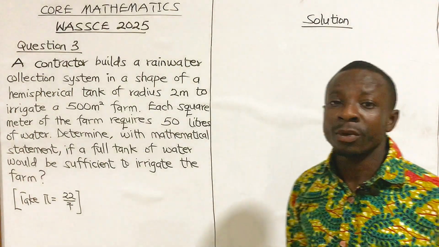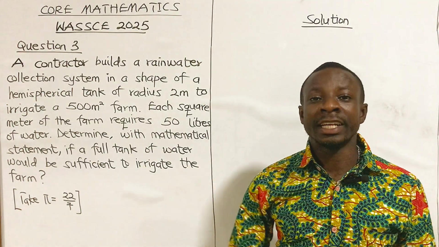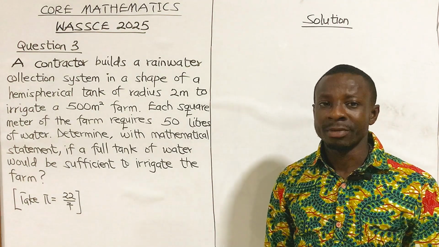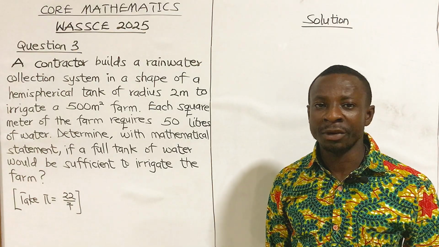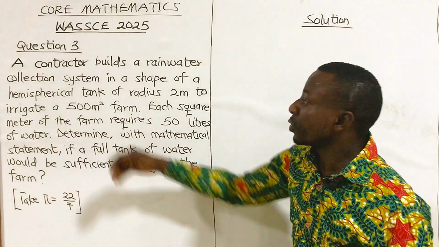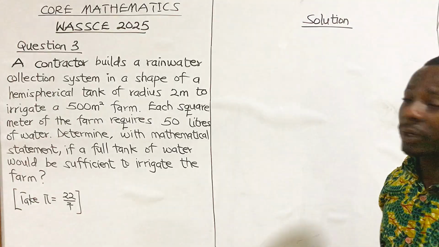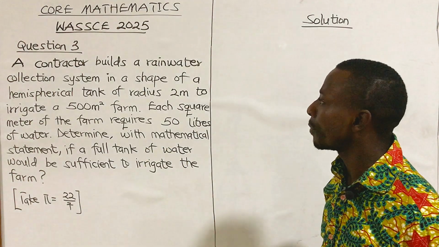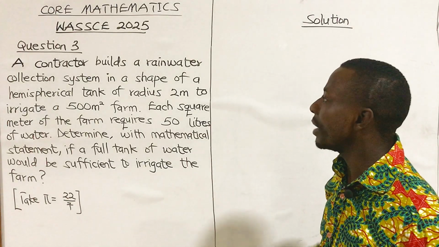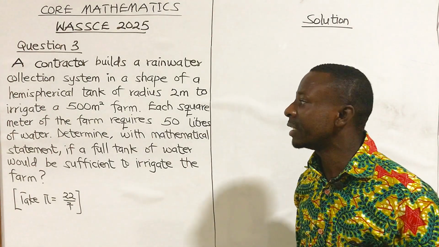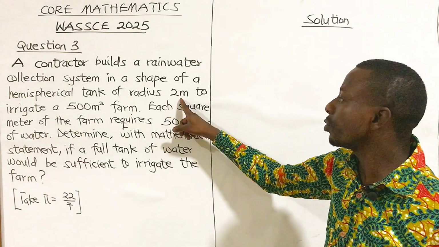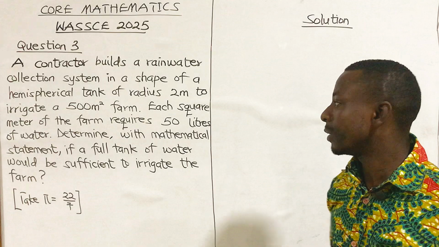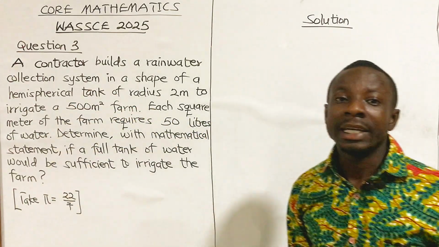This question we have on the board is under mensuration 2, which basically talks about the volume and the total surface area of solid figures. So I'm going to take the question step by step. A contractor built a rainwater collection system in the shape of a hemispherical tank of radius 2 meters to irrigate a 500 meter squared farm. So now I'm going to draw the hemisphere.